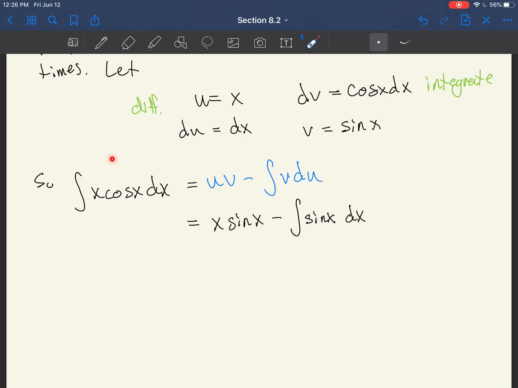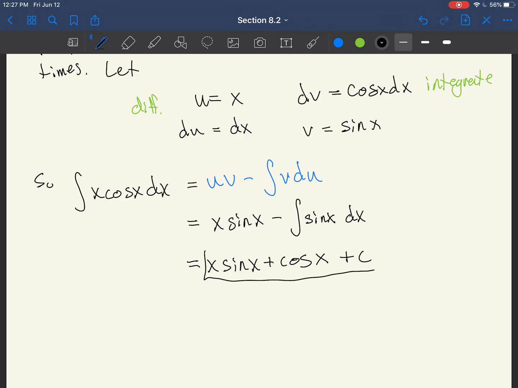Now, it doesn't look like we did much because we integrated x cosine x and got an integral back out. However, this integral is something we can easily integrate. So this is x sine x minus the integral of sine, which is negative cosine. So that's plus cosine x, and then plus c. And then you're done.